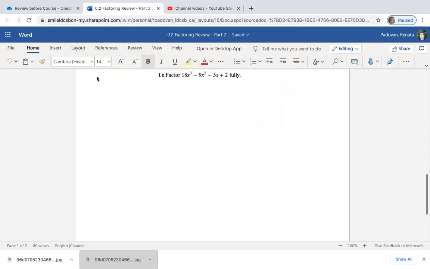So sub in p of negative 1/2, okay, is going to be equal to 18 times negative 1/2 cubed minus 9 times negative 1/2 squared minus 5 times negative 1/2 plus 2.